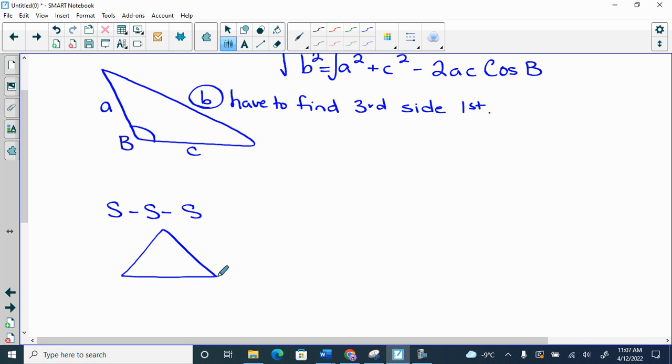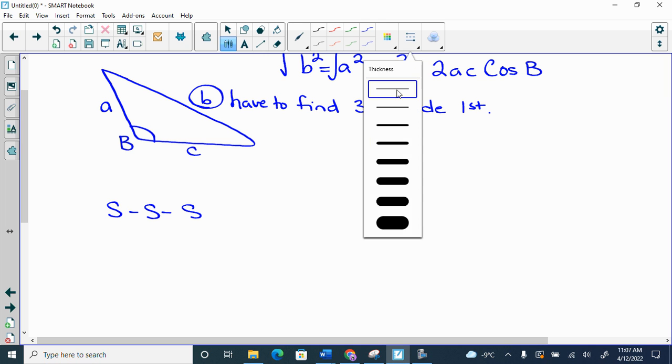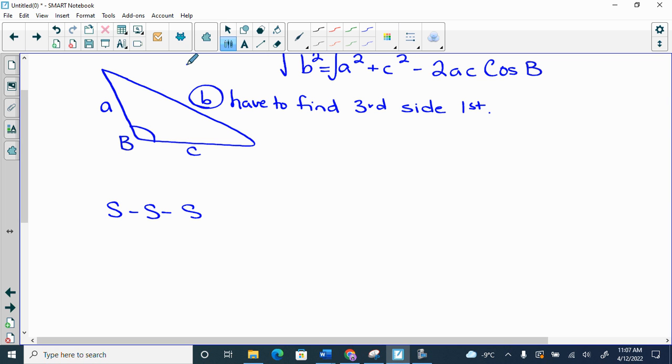So we're going to do this one. This isn't really drawn to scale. I'm going to draw it better so it's more drawn to scale. If you drew it already, whatever. Okay, so I'm going to draw it like this.